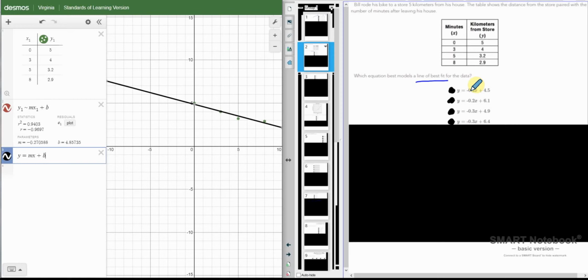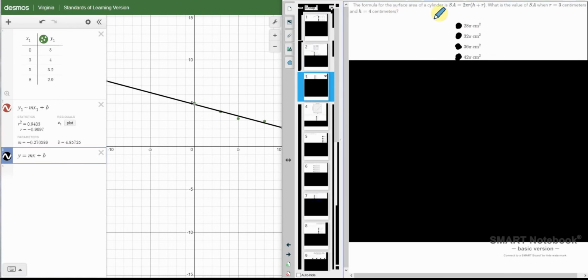Well, they've got two choices with negative 0.2 and two choices with negative 0.3. Seems like that's closer to negative 0.3. And b is 4.8. And it seems like those numbers get me closest to this answer choice here.